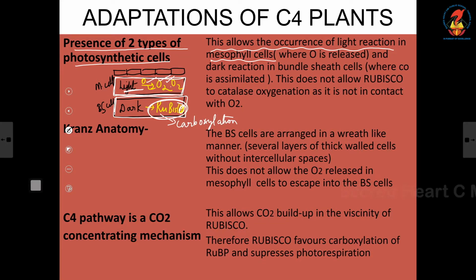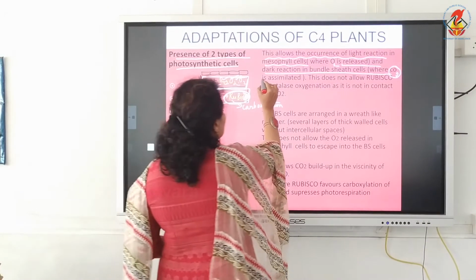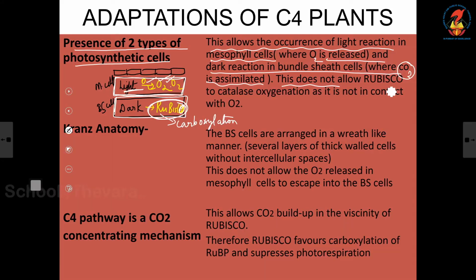And what is the specialty of the light reaction? Oxygen is released. And dark reaction occurs in the bundle sheath cell. And what is the specialty of dark reaction? We learned that the C4 pathway is a carbon dioxide concentrating pathway. Carbon dioxide assimilation is taking place. Therefore, there is no chance of Rubisco to catalyze oxygenation, because it is not in contact with oxygen.